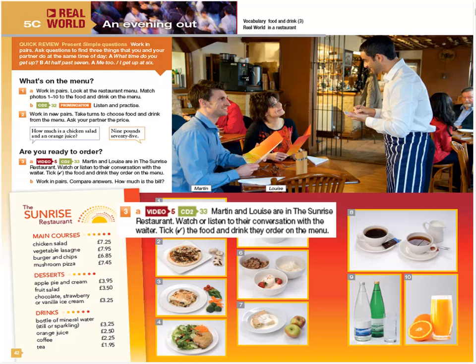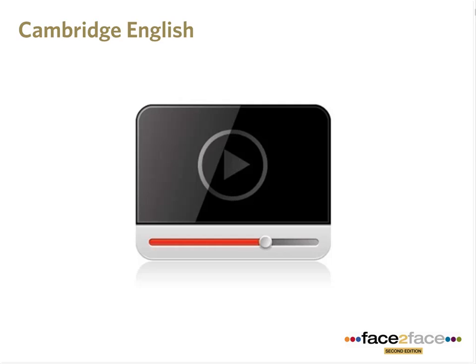So I'm going to play the video in a few seconds, and when you watch, imagine you're a Starter student and make a note of the food and drink that the people order. Okay, I'll just give it a few seconds to buffer wherever you are. So, what food and drink do they order?